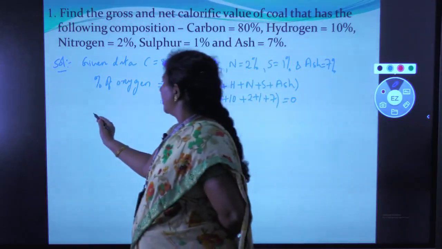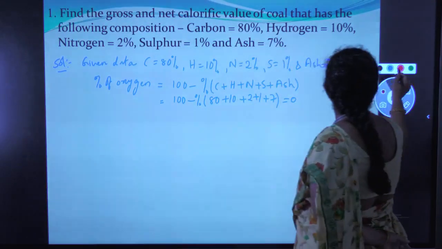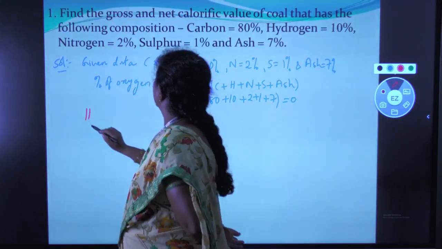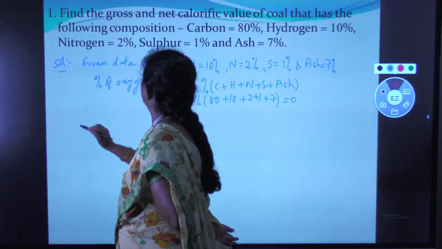So the Dulong formula for calculating high calorific value. Here it is asked as gross calorific value, no?